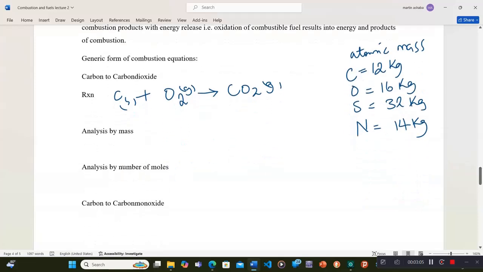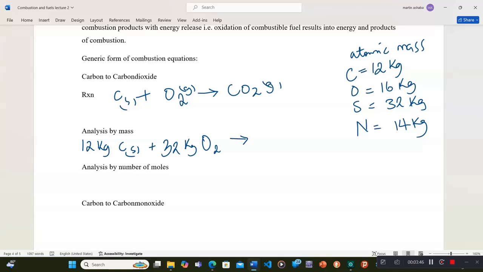Now by mass, that would mean you have 12 kilograms of solid carbon, plus, now a molecule of oxygen is composed of 32, so we shall have 32 kilograms of oxygen, of course, giving you, what is this?